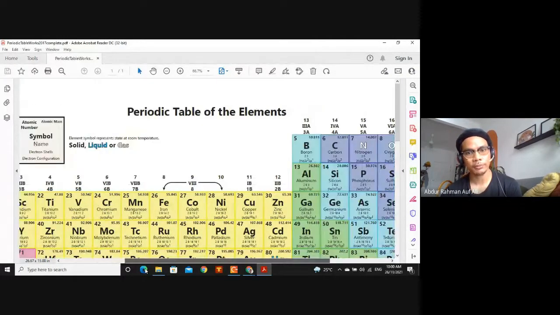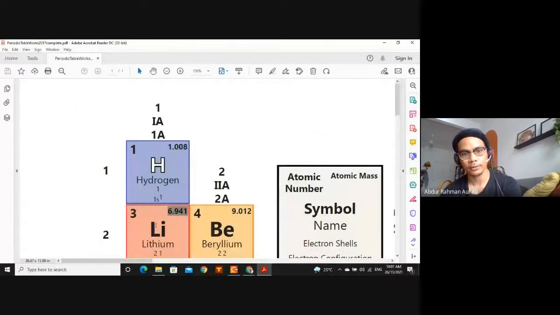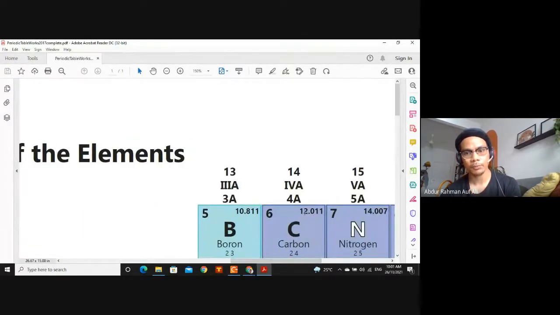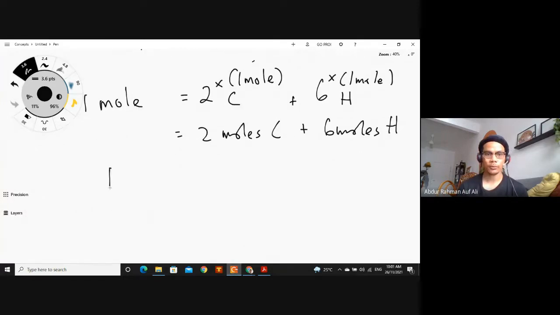Carbon pula adalah, let me enlarge sikit. Okay, hydrogen 1.008, carbon adalah 12.011. So bila kita tahu berat setiap elemen, kalau dia tanya berat 1 mole ethane berapa? C2H6.